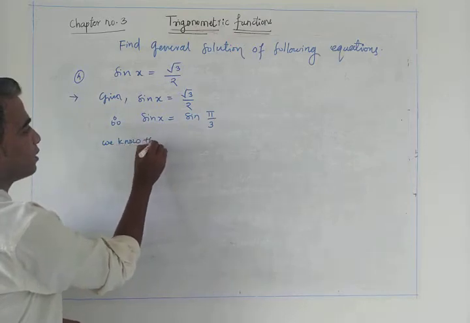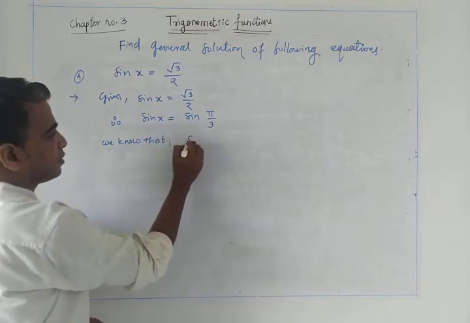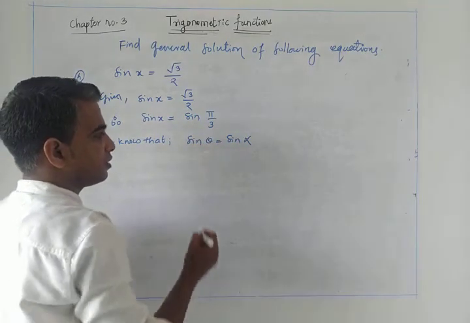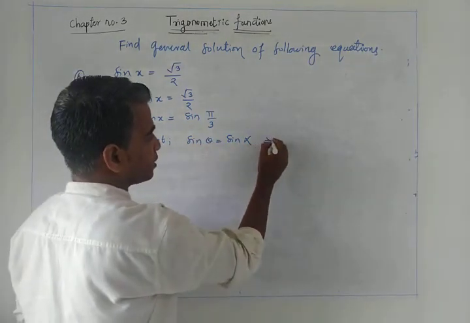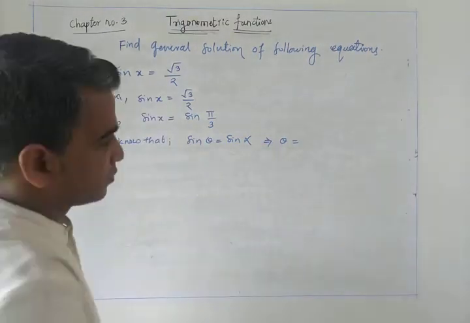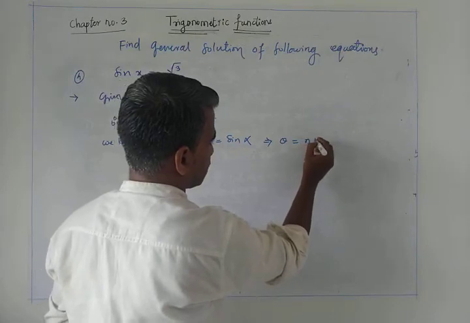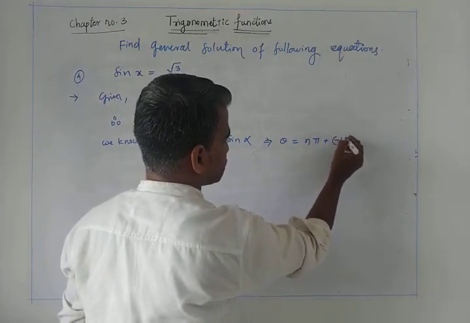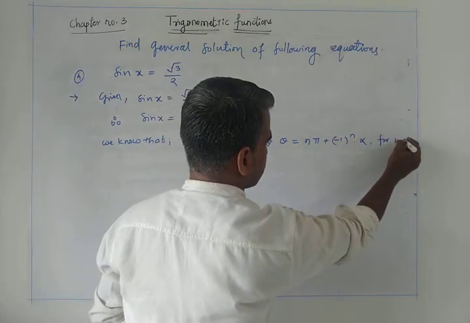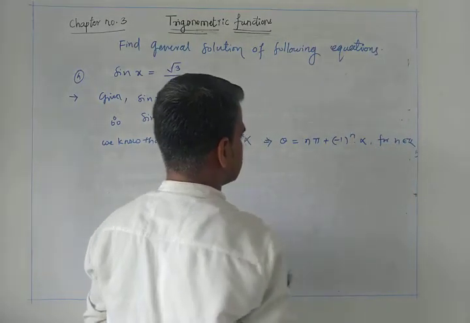So we know that sin theta is equal to sin alpha implies theta is equal to n pi plus minus 1 raised to n into alpha for n belong to z.